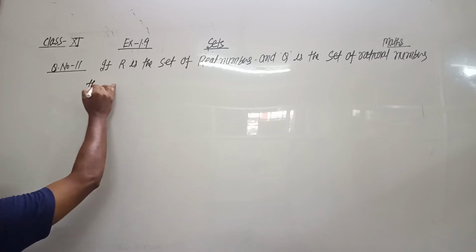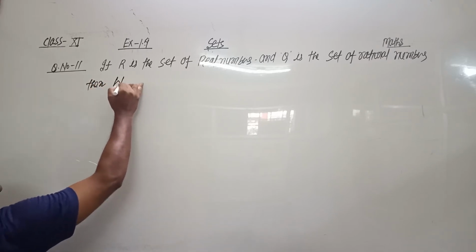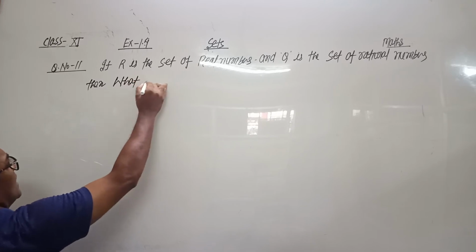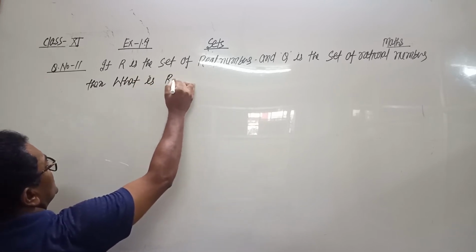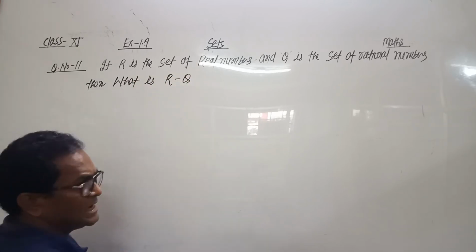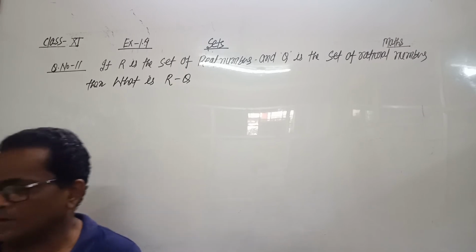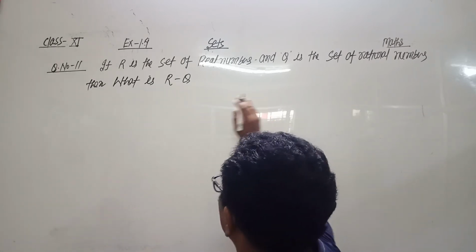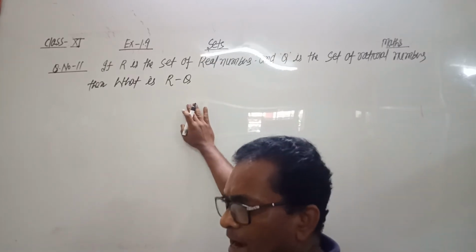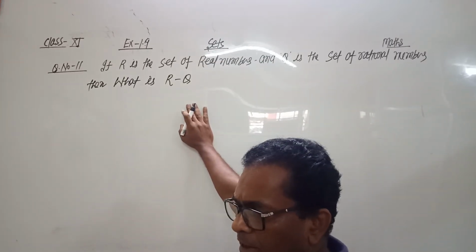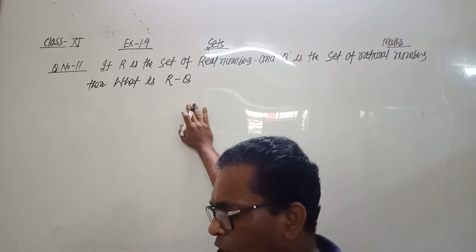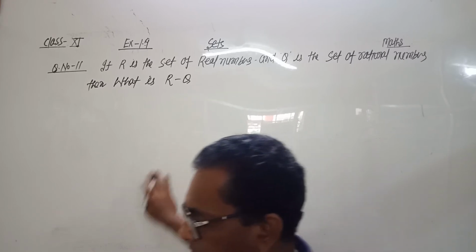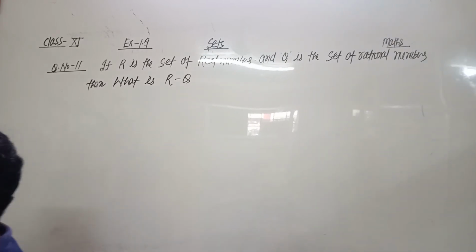Then what is R minus Q? So real number is the combination of rational number and irrational number. In real numbers, both the numbers are included. Rational number plus irrational number is equal to real numbers.